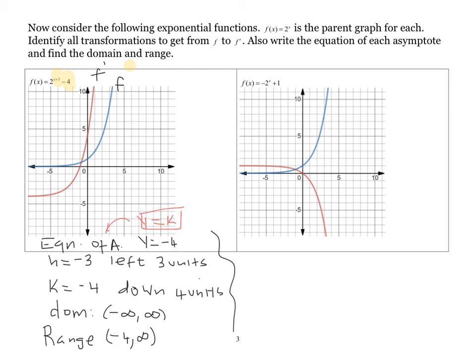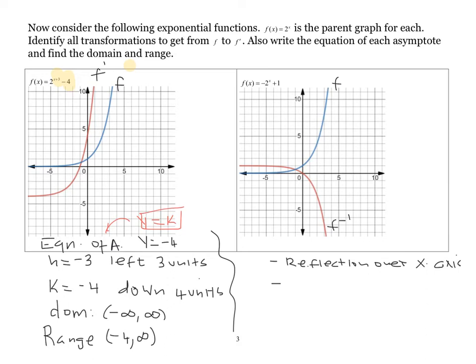Okay, the next example right here. Here I can see there is a reflection over the x-axis. And what else do I see? I see it has moved. Remember, this is the original function, the parent, and this is the transformed function.